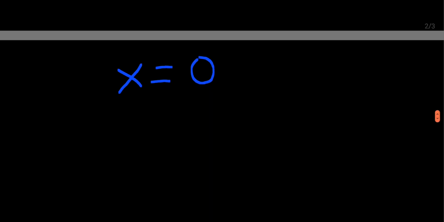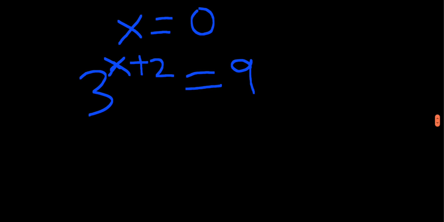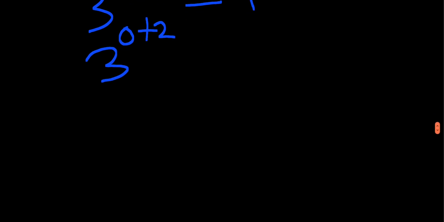So my x is now equal to 0. We are going to replace the x by 0 to see if we are going to get 9. So in place of x, what do you put there? 0. Therefore, I have 3 exponent 0 plus 2. 0 plus 2 is 2.